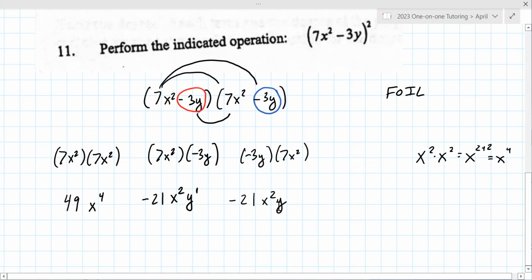So in the previous problem, one of these would have been positive. Didn't work out here like that. They're both negative. And then the last here is minus 3y times minus 3y. All right, minus 3 times minus 3 is 9. Y times y is y squared.